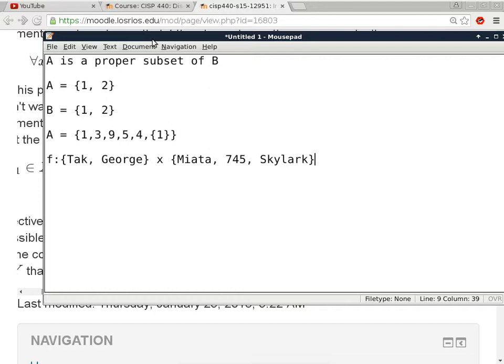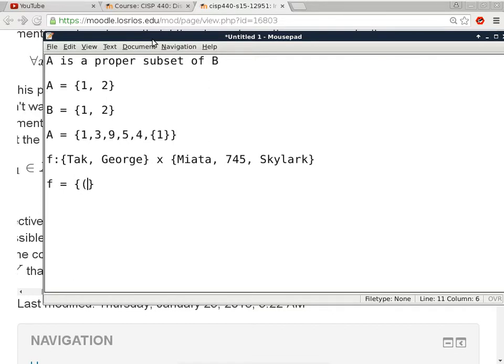All right, so f is going to be a function that maps the two names, me and George, to another set which consists of 3 different types of cars. But that really doesn't tell you how everything is mapped. So I will give you the exact mapping here. So in this case, I'll tell you exactly what f is. F is a set. Every function is a set of tuples.